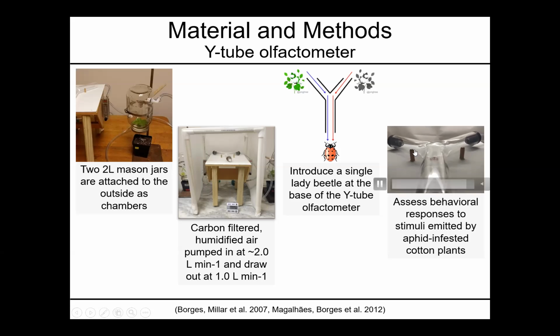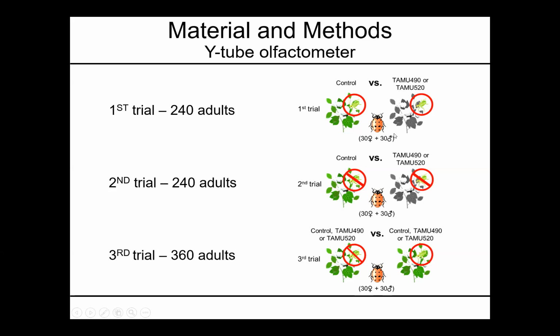The number I used for my trials was a total of 40 individuals. My first trial was the control with aphids versus the fungal treatment, either 490 or 520, so both plants with aphids. My second trial compared control and the fungal treatment, but both plants with no aphids.